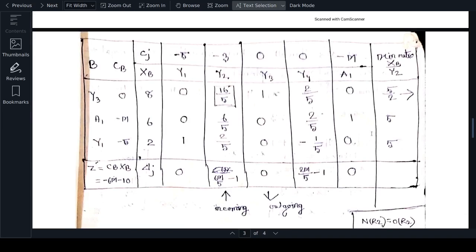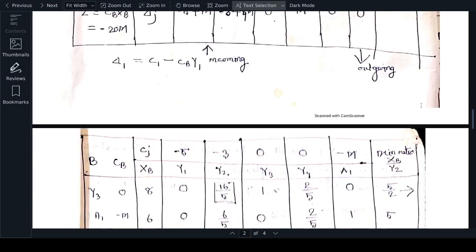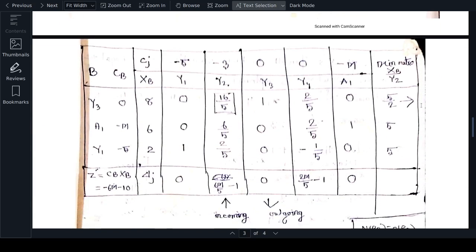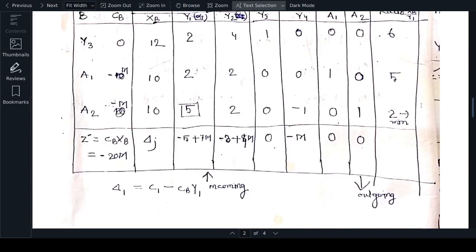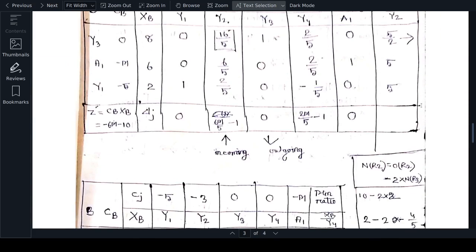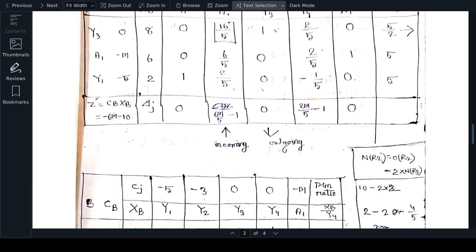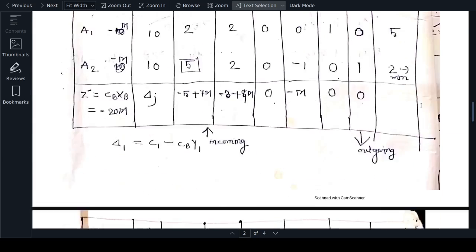So this one will be our incoming vector. The minimum ratio will be xb by y2. So you find the minimum: 5 by 2, which means 2.5. So the first row of the second table is our minimum ratio row.